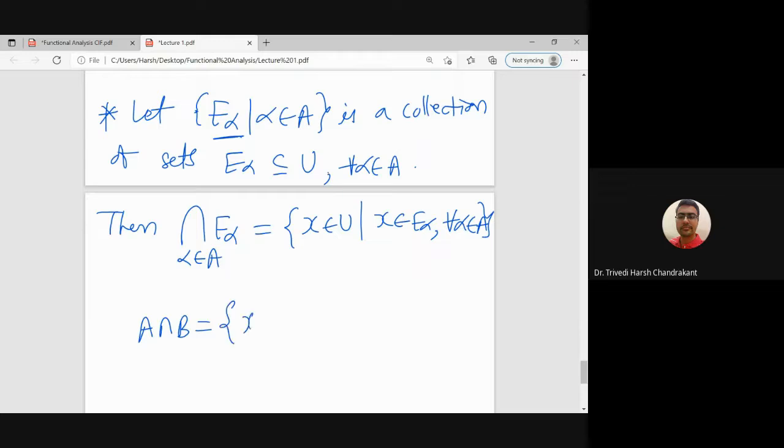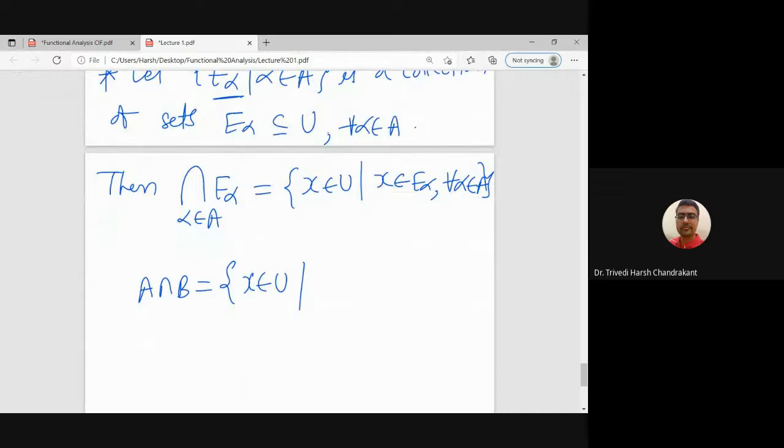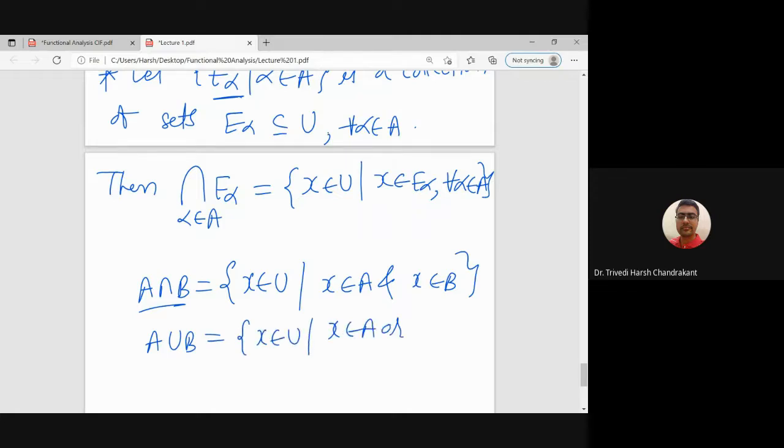This is the way we define the intersection of A and B, right? A intersection B is what? x belongs to the universal set such that x is in A and x is in B, because it is intersection. And similarly we define union, where we write or. Here we have two sets, but if we have infinitely many sets, then we can also define in a similar way.